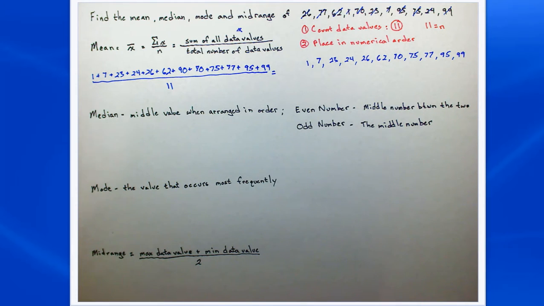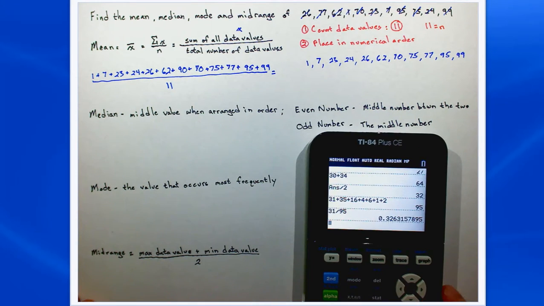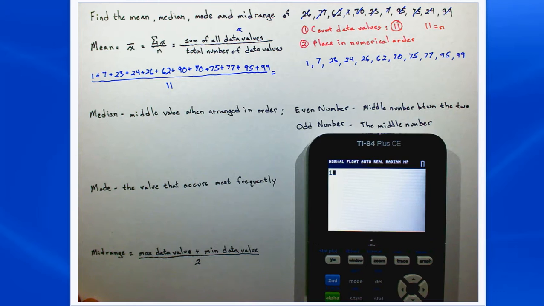For this question, I believe what it asked for was to type an integer or decimal and to round to, I think, one decimal place. But you need to make sure that you check that. So let's get the calculator out. 1 plus 7 plus 23 plus 24 plus 26 plus 62 plus 70 plus 75 plus 77 plus 95 plus 99.